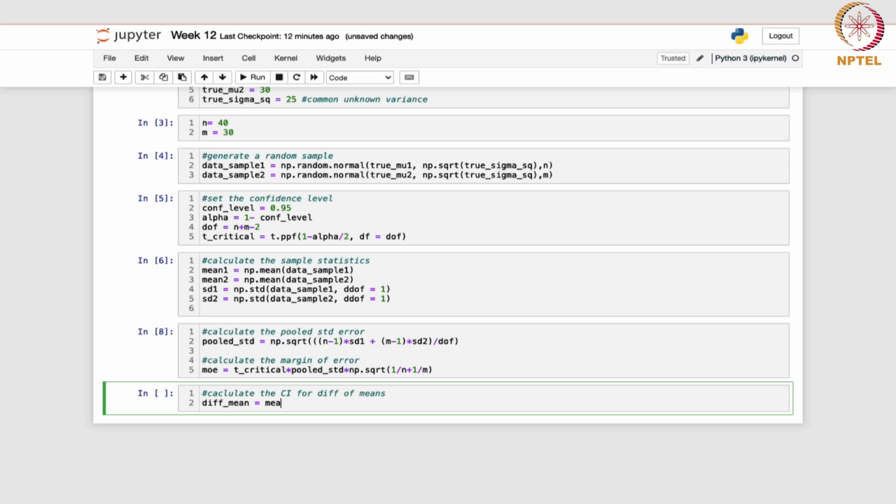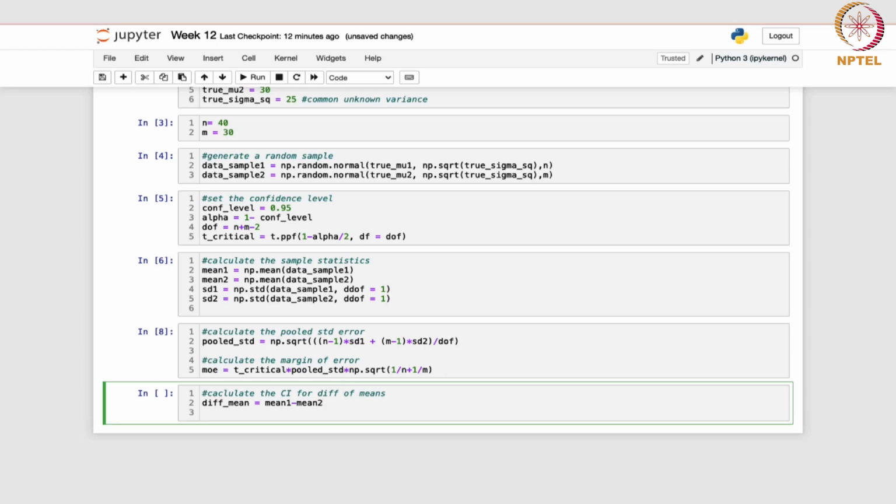Basically, it would be mean 1 minus mean 2, because that we have already defined, and your CI would now be the difference of mean, x bar minus y bar minus the margin of error, MOE, and the same thing, x bar minus y bar difference mean plus margin of error.